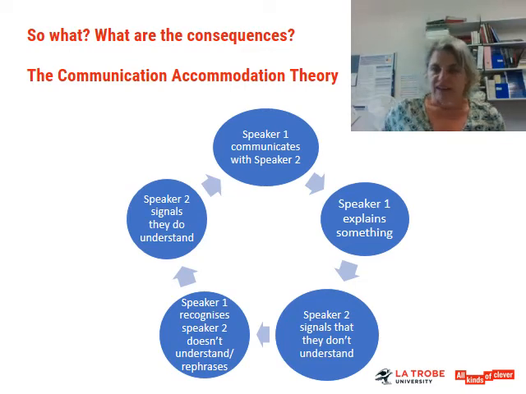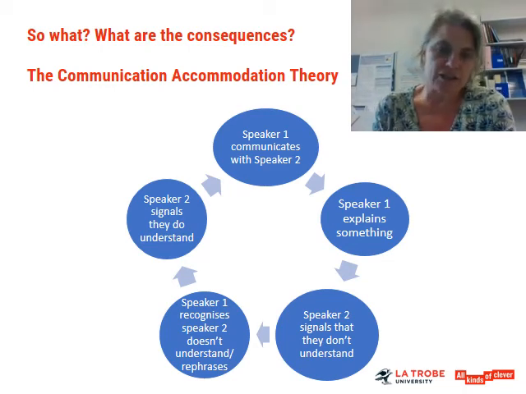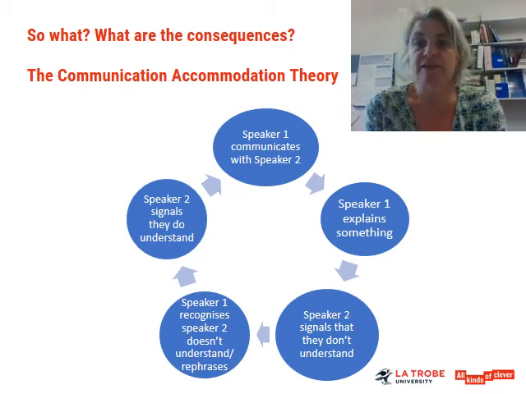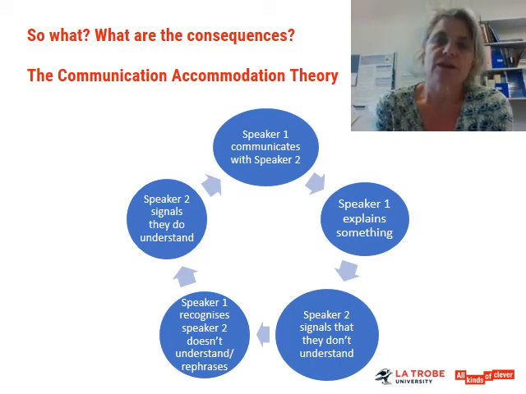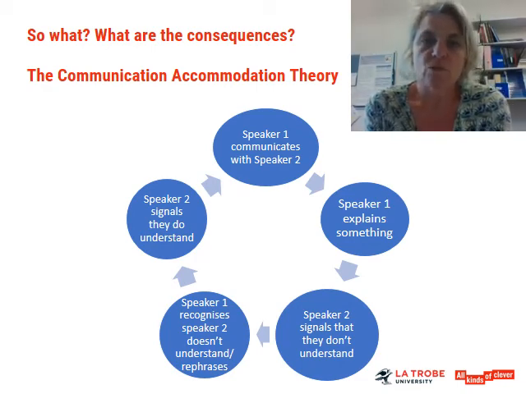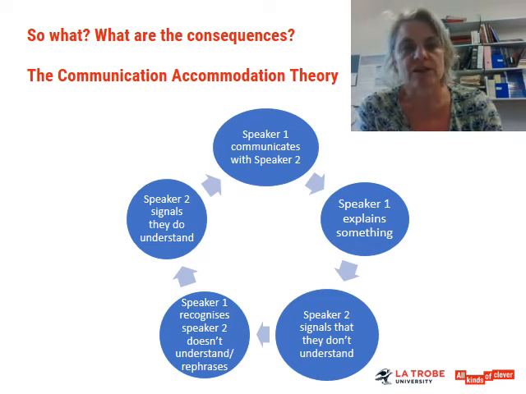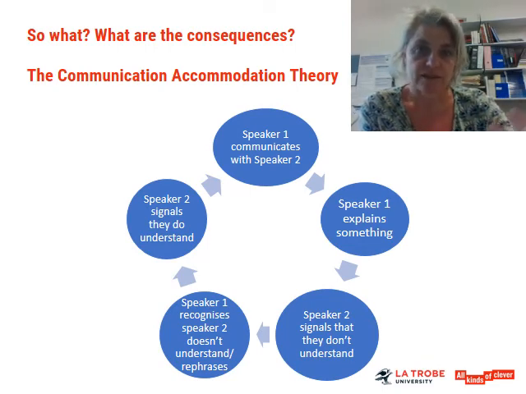So what? I guess, does it really matter if there are minor changes to people's communication ability as they get older? Well, yes, it matters for two really important reasons, at least. The first one is you need to know whether the changes that you're seeing in someone's communication are typical of people that age and that education background.